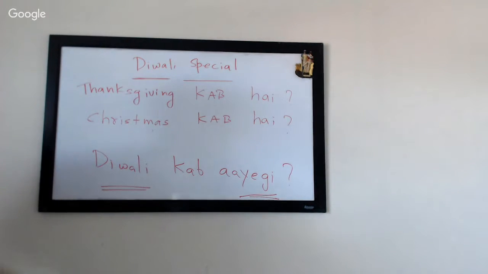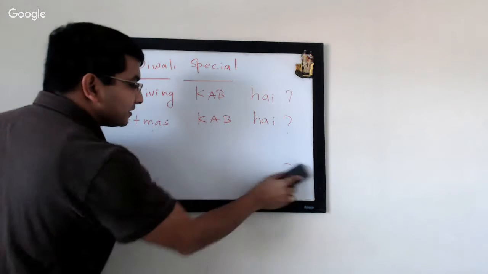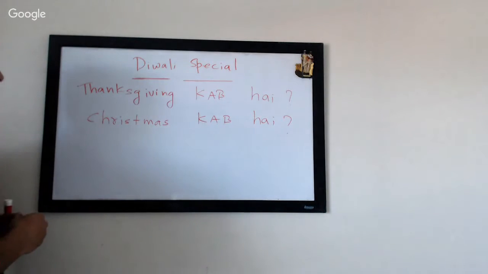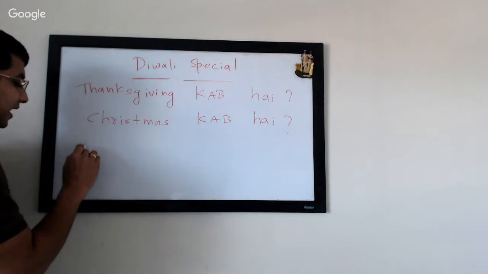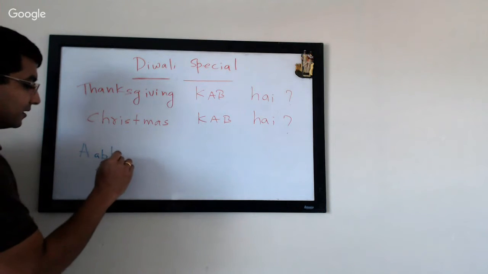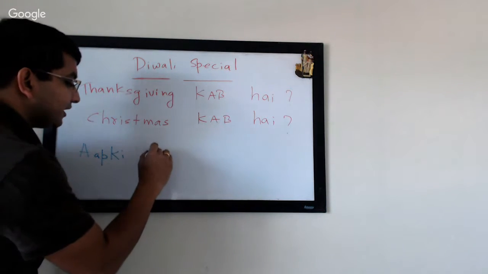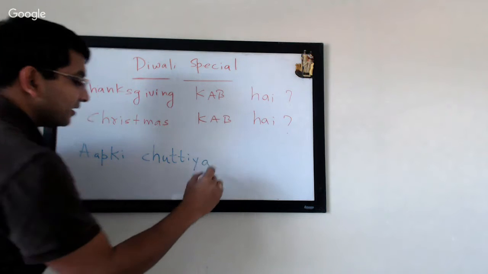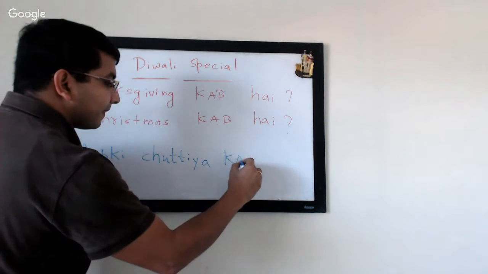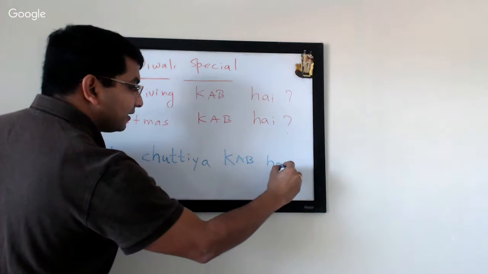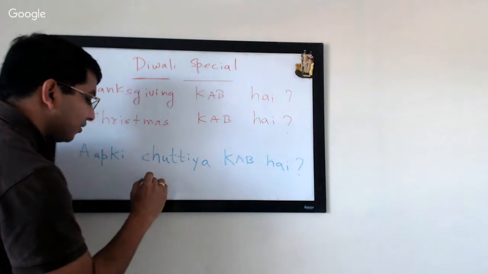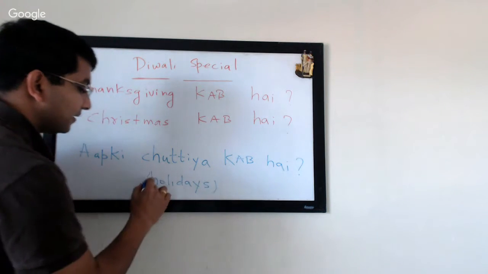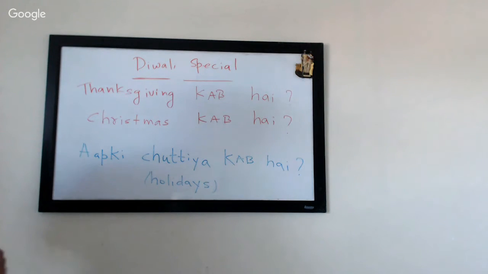You can even find out when your holidays are. If you're talking to a kid and want to ask when are your holidays, holiday is छुट्टी, and for holidays, plural, आपकी छुट्टियां कब है. Again, आपकी छुट्टियां कब है, when are your holidays.